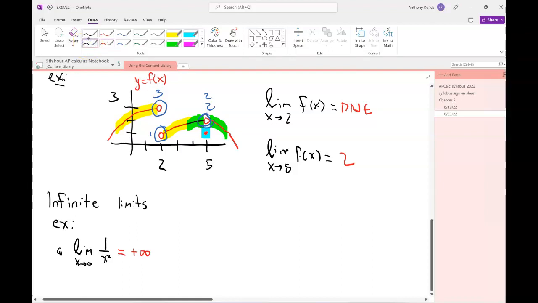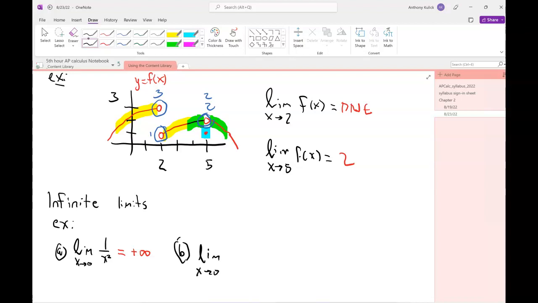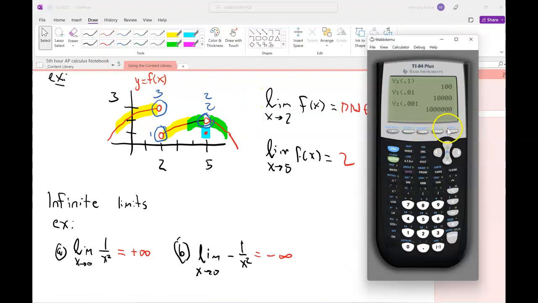Now intuitively, if we wanted the limit as x approaches 0 of negative 1 over x squared, what do you think that limit's going to be? Negative infinity. That's correct. What would the graph have looked like? The same thing flipped upside down.